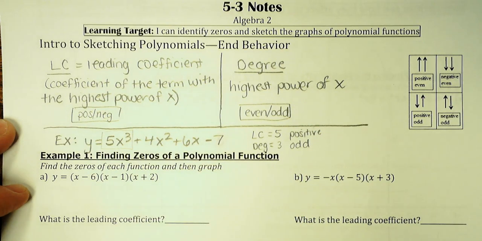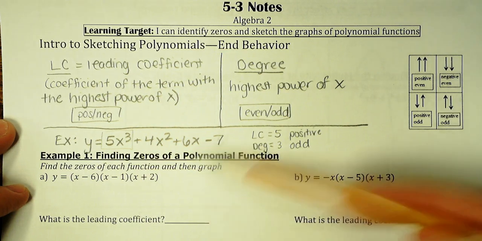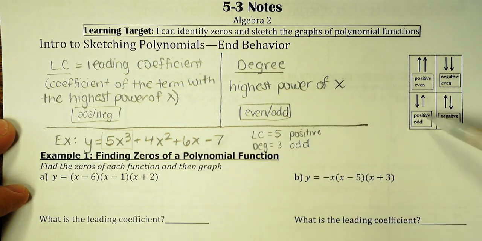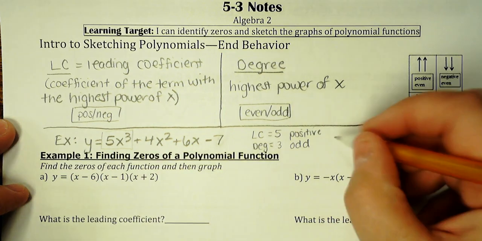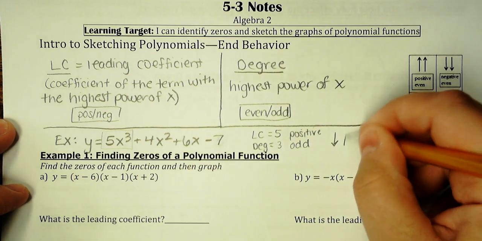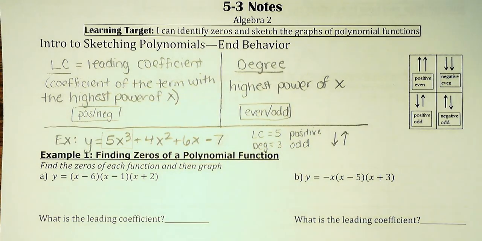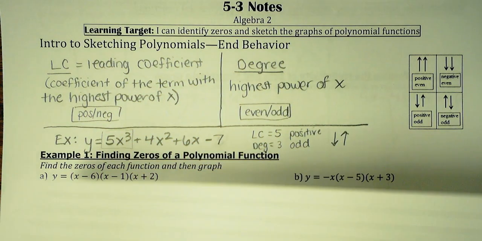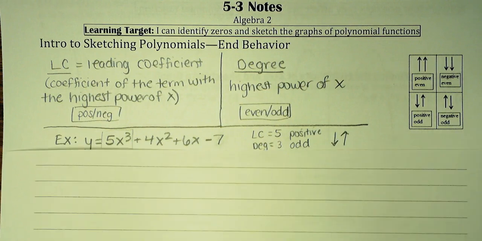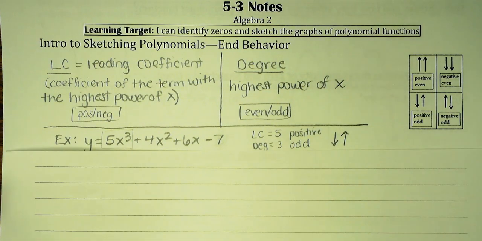So I'm going to come over here real quick. Positive and odd would mean, if we were to put this on the graph, which we'll show you how to do in a second, the beginning of the graph would point down and the end of the graph would point up. I know I didn't leave space here, but let me go through a basic example of each of these four.